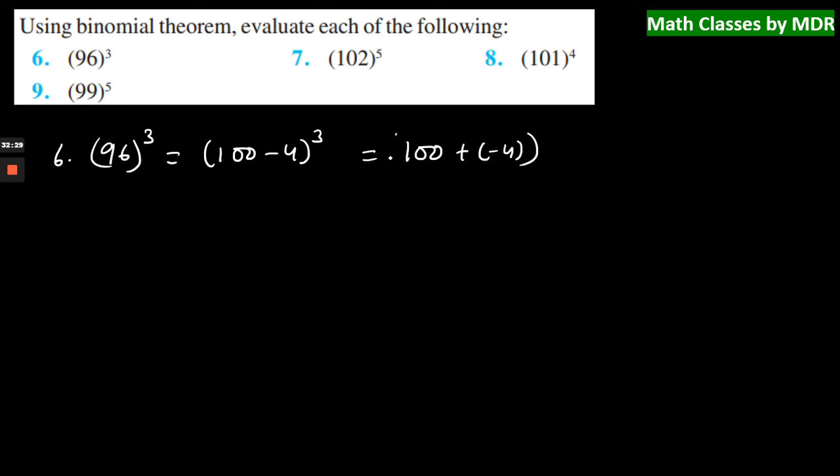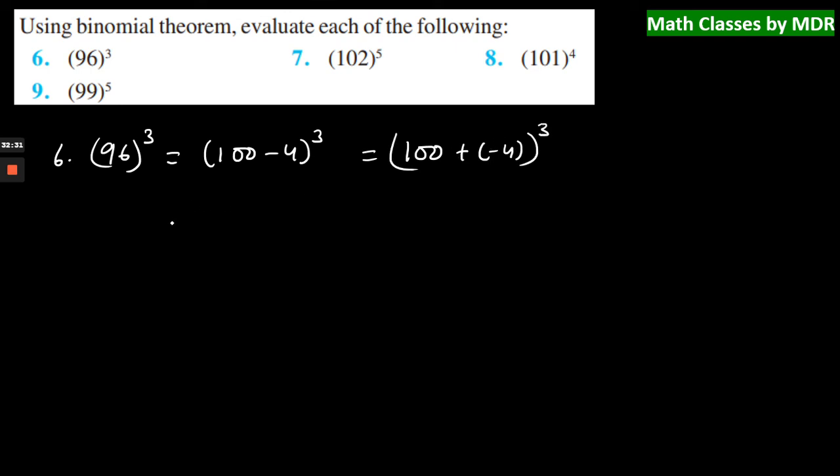So when we come across these type of problems, either we can use (x + y)^n or (x - y)^n, or see, when 96 is near to 100, what we can write is 96 whole cube can be written as (100 - 4) whole cube, right? Now it is the (x + y)^n form, so by taking (100 - 4)^3, right?